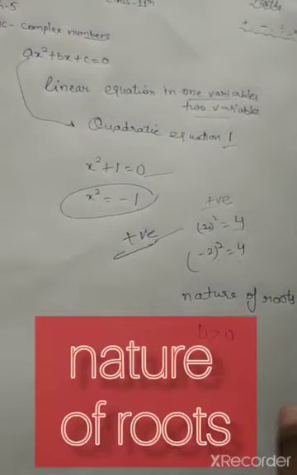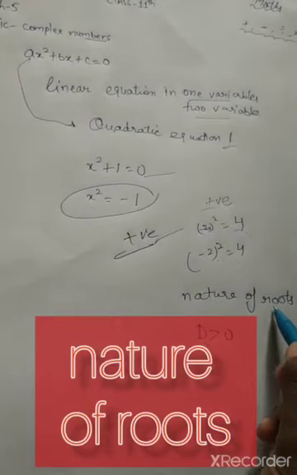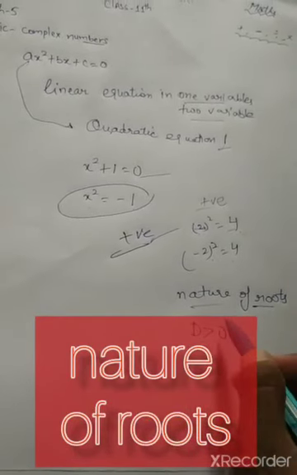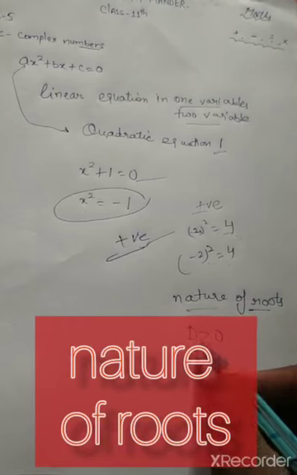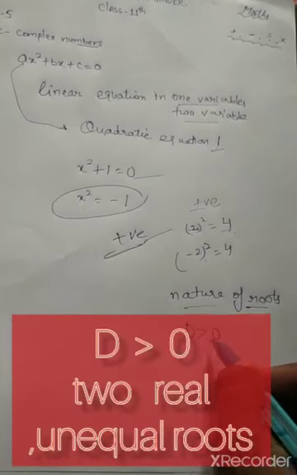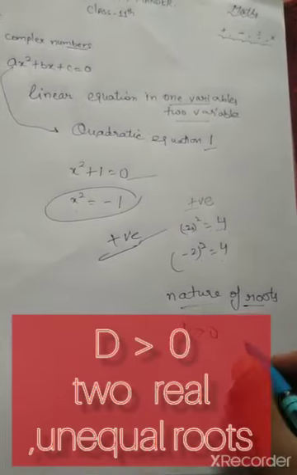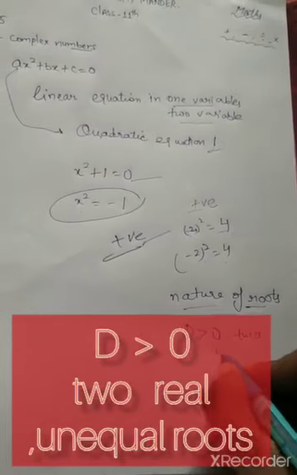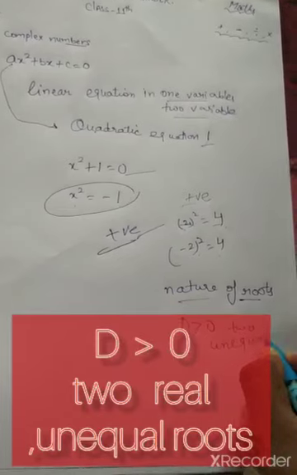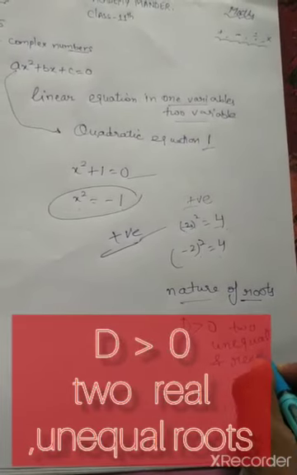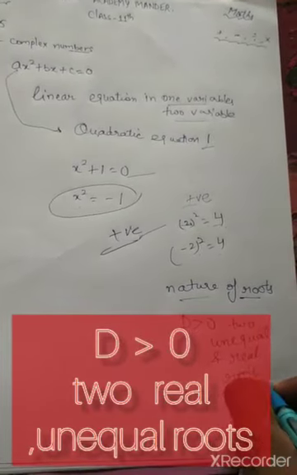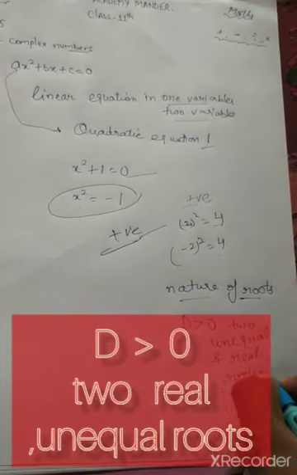You have studied the nature of roots in class 10th. The first point: when the discriminant is positive, two unequal and real roots exist.